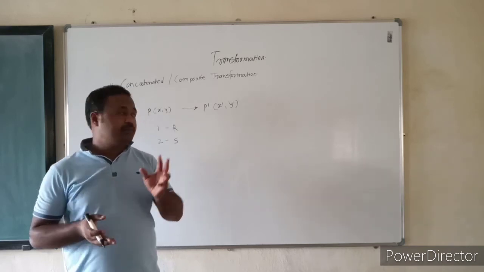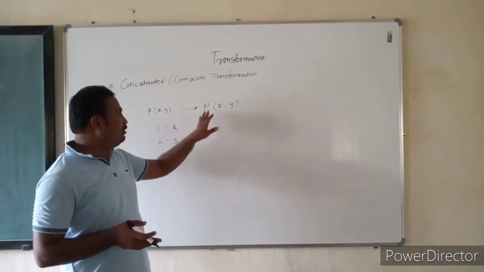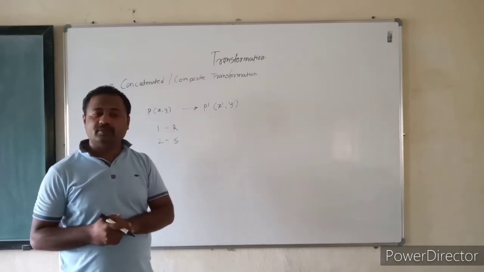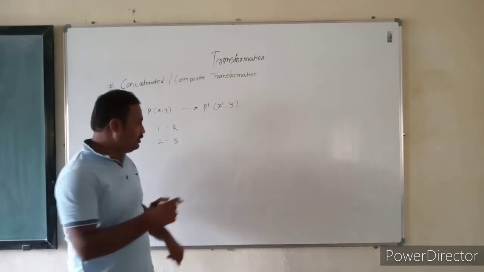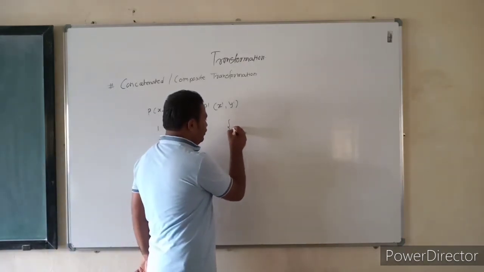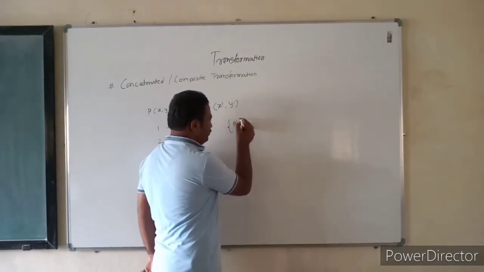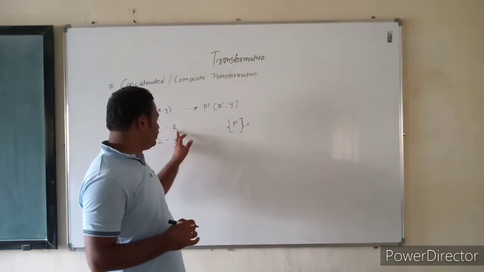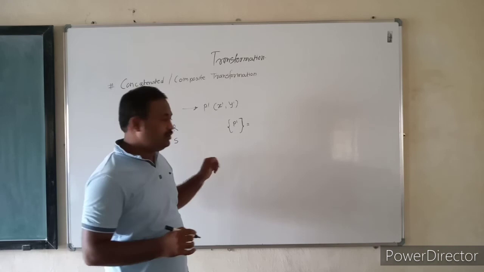Then how can you calculate the new coordinates x dash, y dash for point P dash? First is rotation, second is scaling.